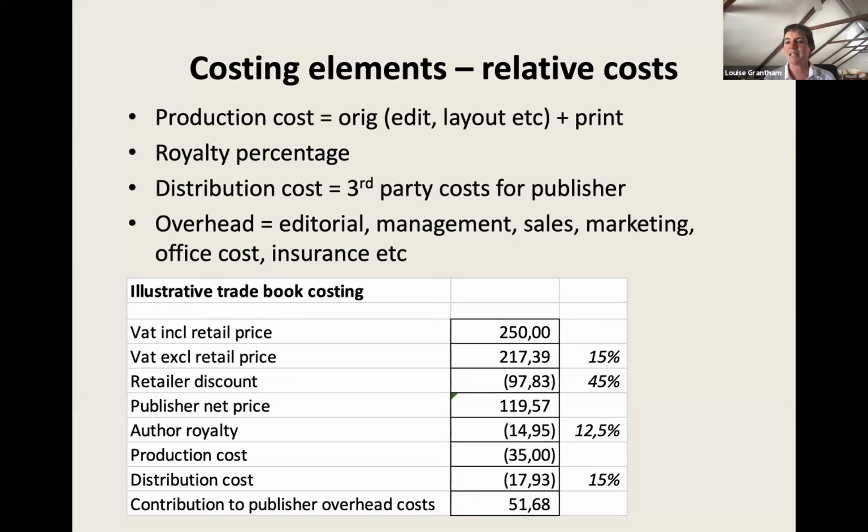And in this case, that's 97 Rand or 98 Rand. That 45% is the difference between what I'm selling the book to Melvin at and what he's selling it on to the customer, because I'm calculating that off the VAT exclusive price.